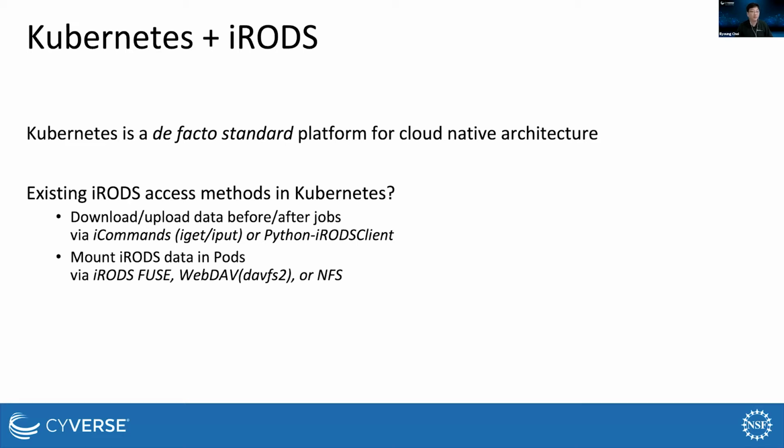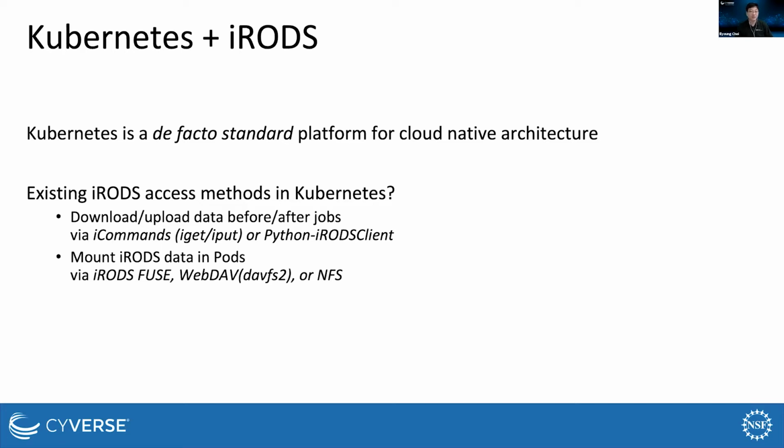The first method is downloading and uploading data before and after jobs. i-commands or Python iRODSClient can be used to transfer iRODS data to the container. This is a commonly used method as it is straightforward. However, it requires management of data transfer and local copies.